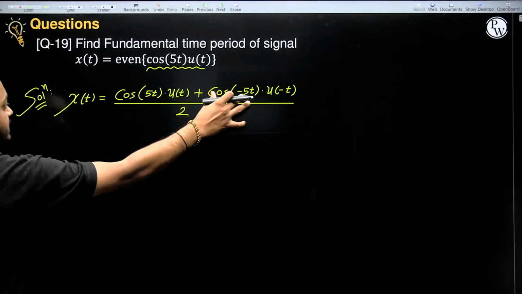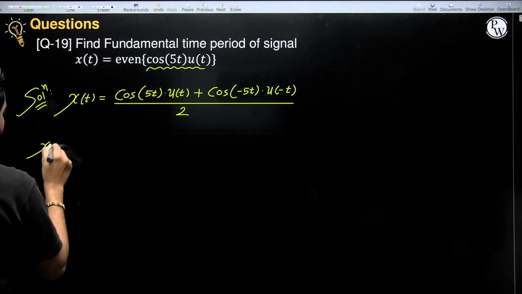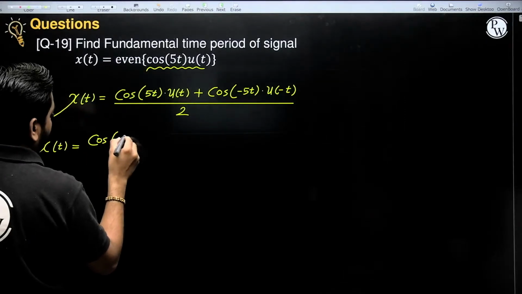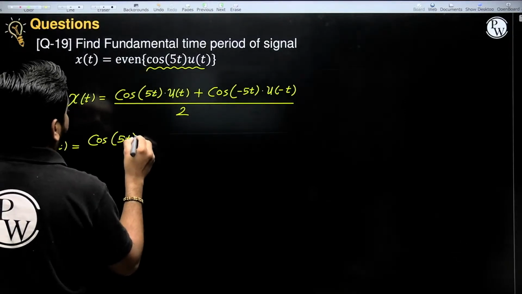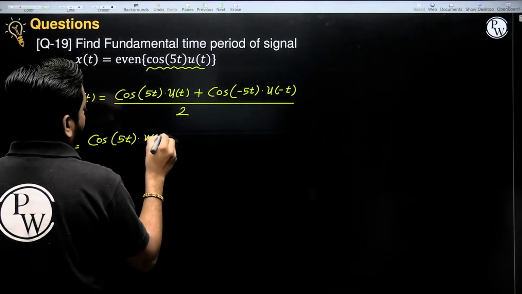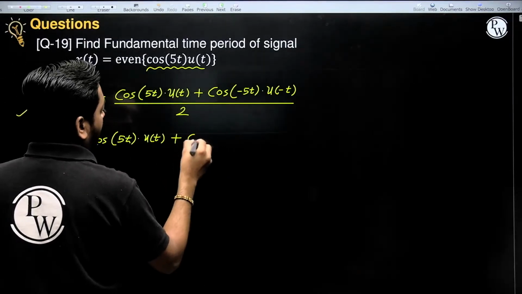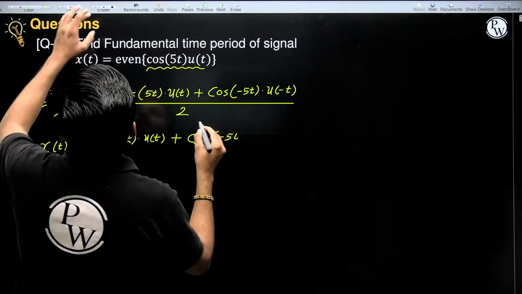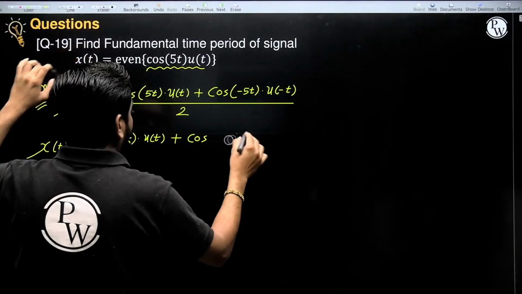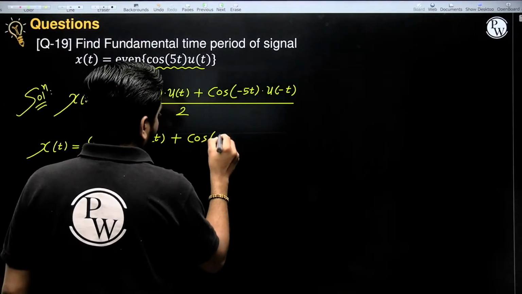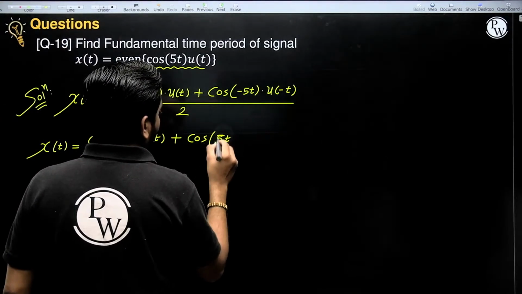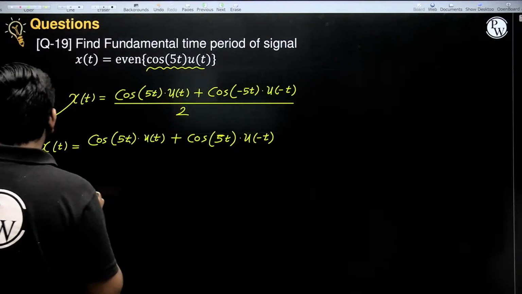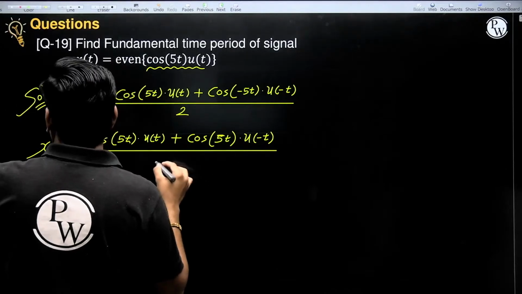Now cos is an even function. So it is cos 5t u of t plus cos is an even function, cos minus 5t u of minus t, whole divided by 2.